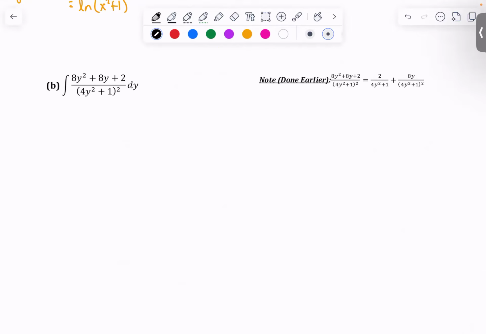Okay, good. So this one, we already broke it down into 2 over 4y squared plus 1 dy plus 8y over (4y squared plus 1) squared dy. There's two pieces to them.